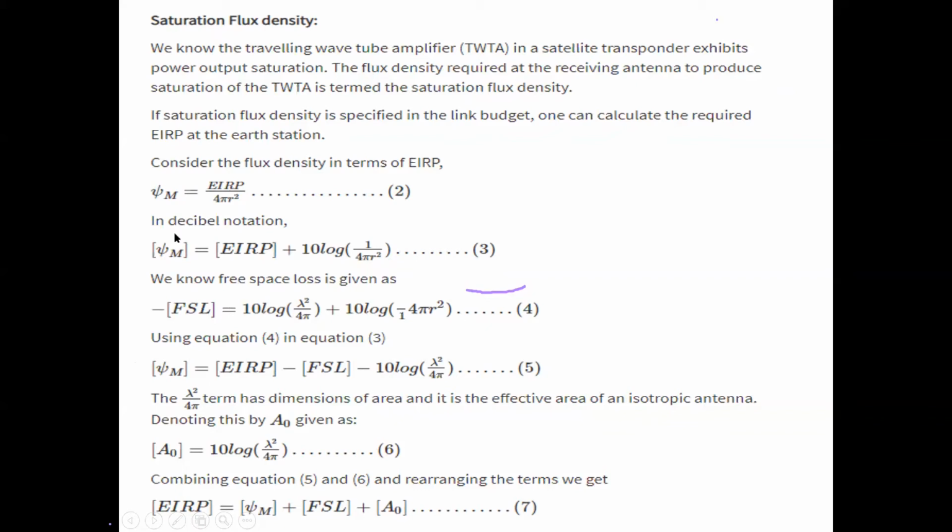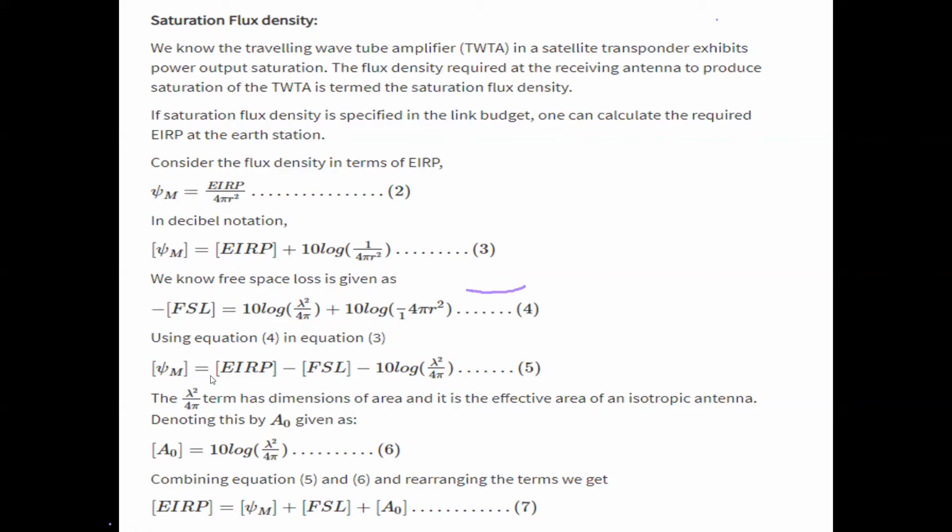So when I try to rewrite 1 by 4 pi r square in terms of EIRP and the flux density, I will write 1 by 4 pi r square as minus FSL plus 10 log of lambda by 4 pi. And therefore my expression of psi becomes EIRP, where 4 pi r square gets replaced by this equation, that is minus FSL minus 10 log of lambda by 4 pi.